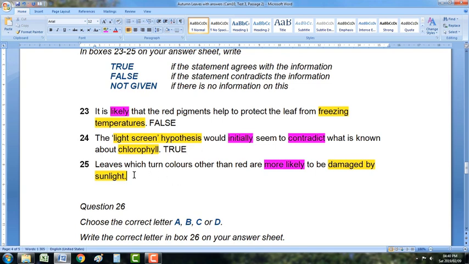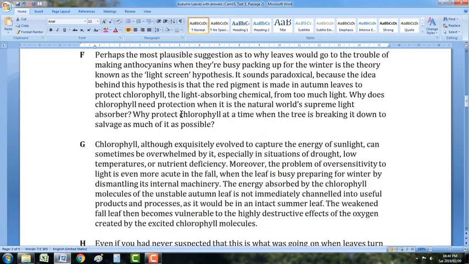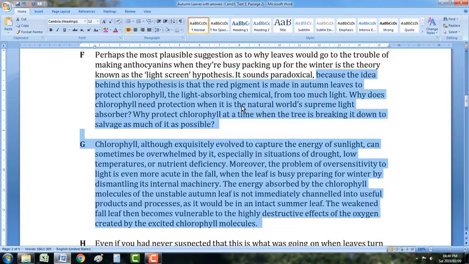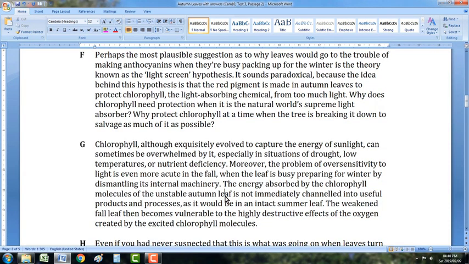This is going to be a not given, so beware. Leaves turn colors other than red are more likely to be damaged by sunlight. We need to find that these other leaves, not red leaves, are more likely or less likely, or we don't know. And we're going to be somewhere over here, but it's nowhere. We can't see more likely.